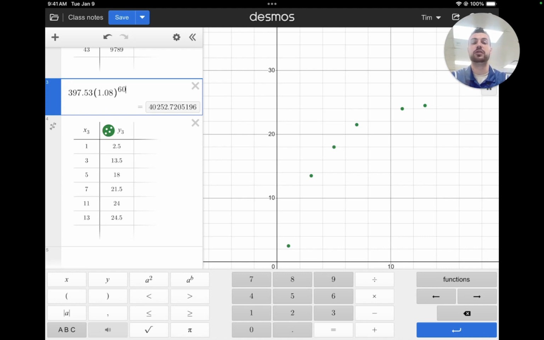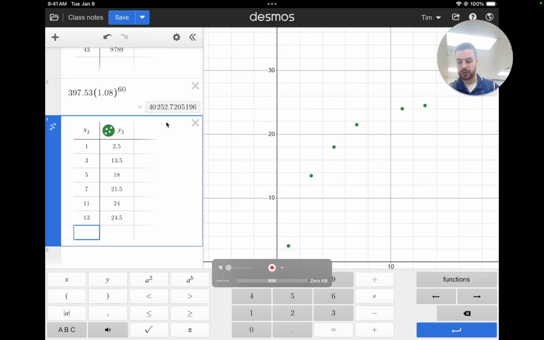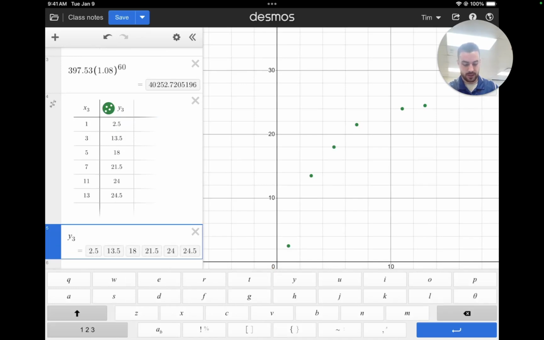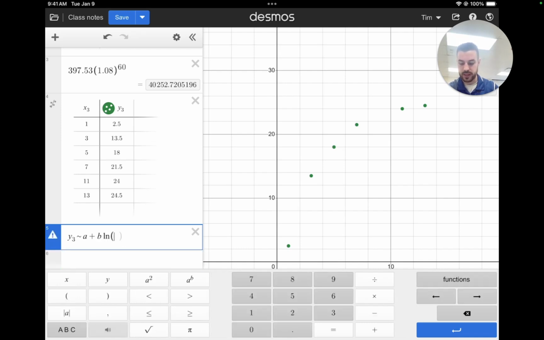Now we need to tell our calculators, hey, take this data and give me a log equation. So I'm going to type in my regression equation, which is going to be y3 tilde a plus b times the natural log of x3.